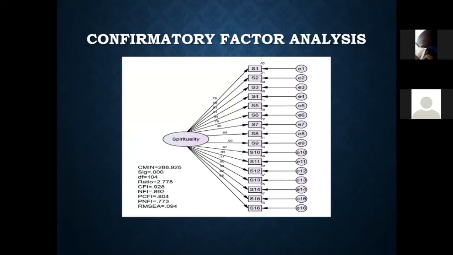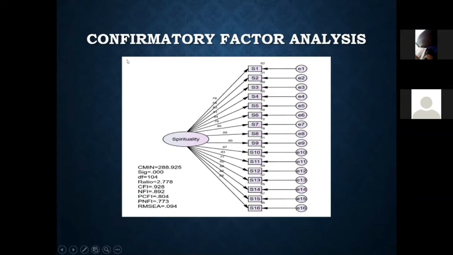Once you have your indicators, say for instance, you would like to check for spirituality. Spirituality is your latent construct. You have 16 questions that reflect spirituality, so you can assess whether these 16 items accurately represent spirituality.